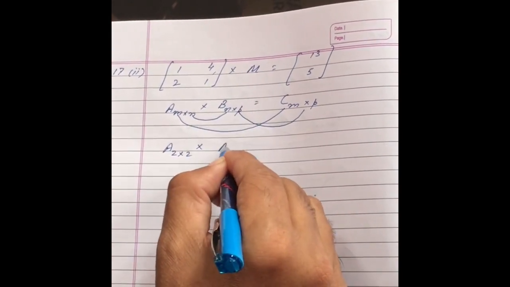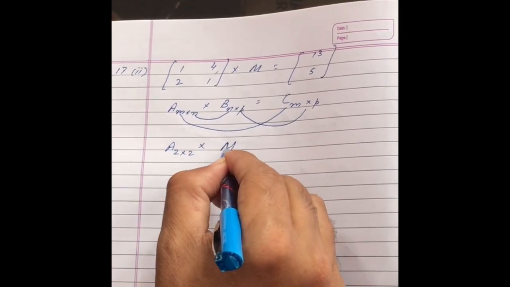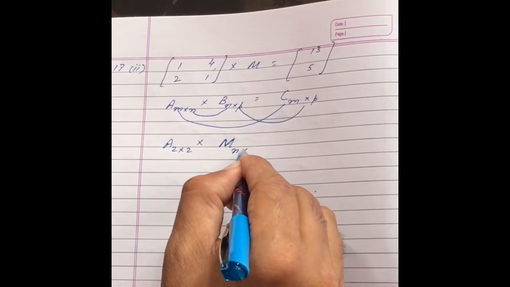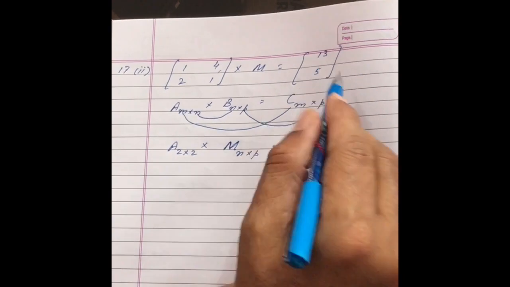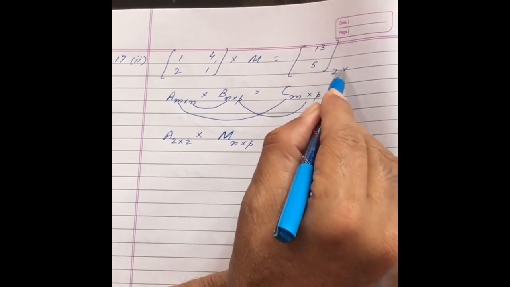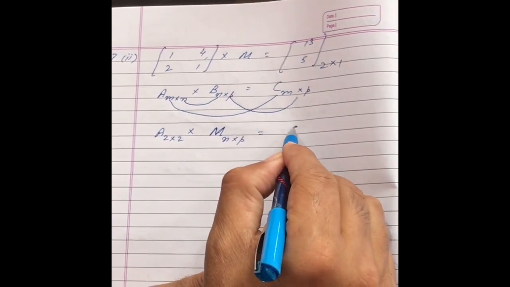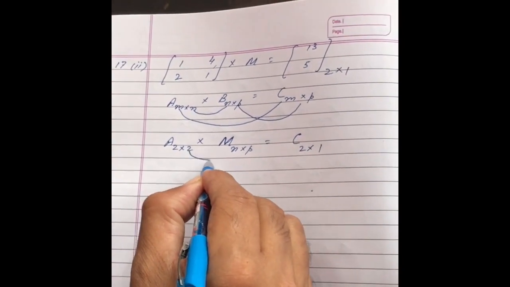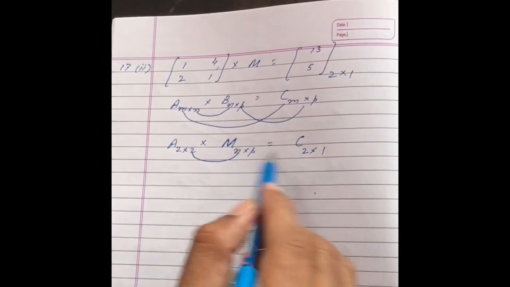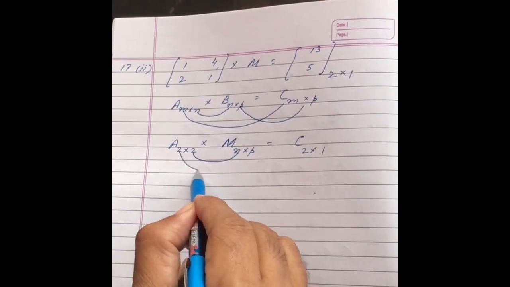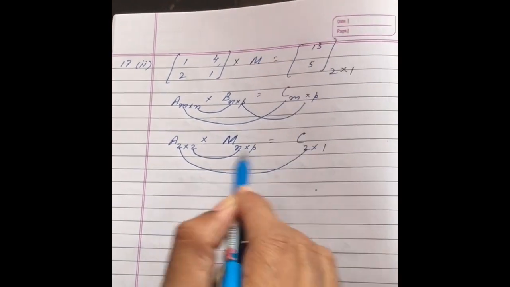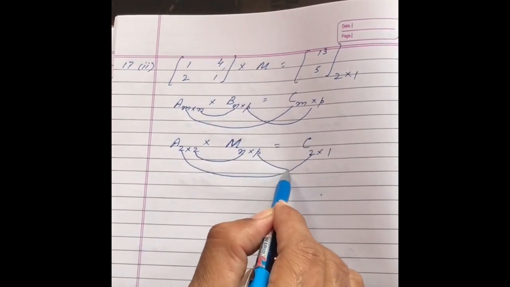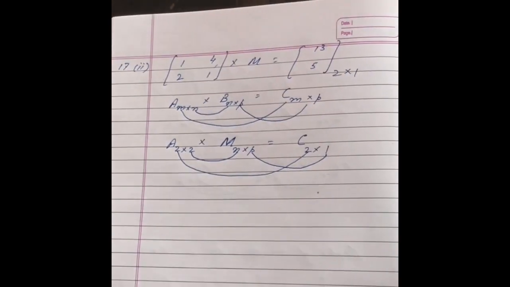Second matrix M, let it be n into p. Answer matrix has 2 rows, 1 column. Now number of columns of the first is equal to number of rows of the second. Answer matrix takes rows from the first and columns from the second.